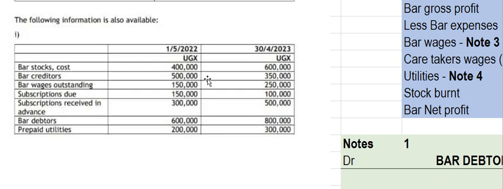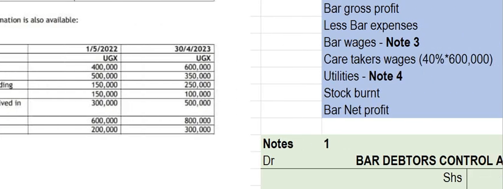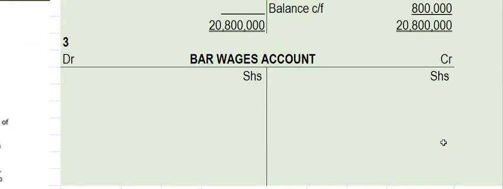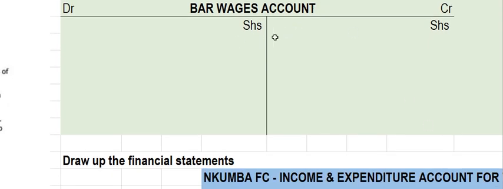So the company had a liability for bar wages at the start, unpaid wages for the bar, and even at the end they still have some outstanding bar wages. So what I'll do, I'll come up with a T account to find out exactly how much should go to the trading account.